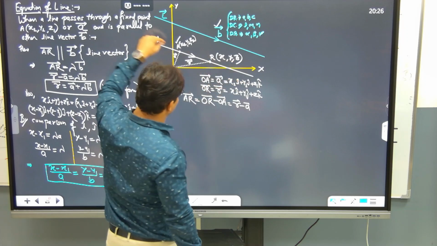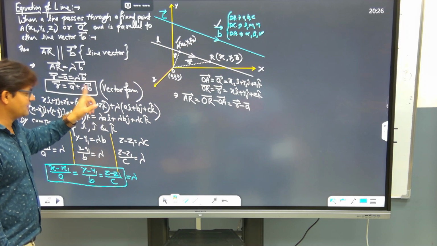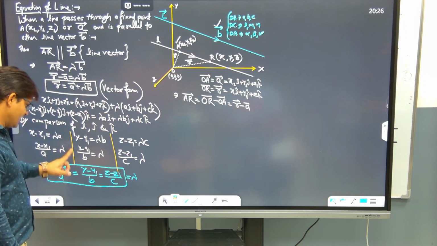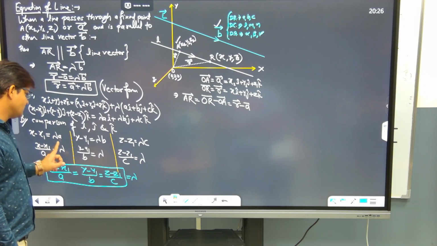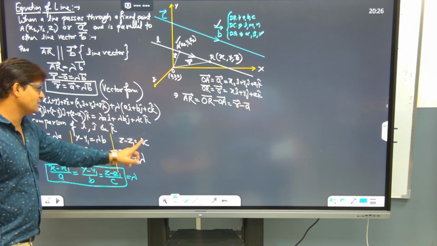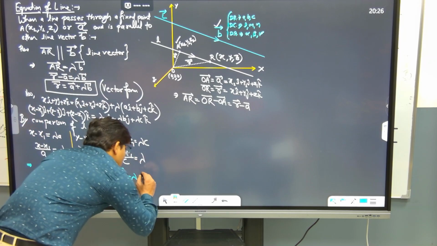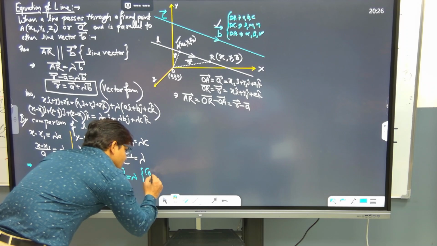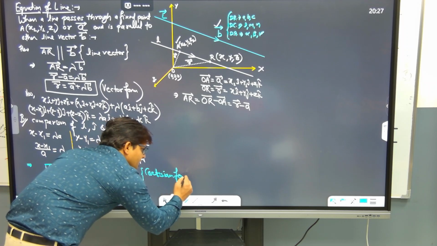So we can consider any point on this line by using a plus lambda b directly, or in the Cartesian coordinate geometry system we can write x equals x1 plus lambda a, y equals y1 plus lambda b, z equals z1 plus lambda c. This form is known as our Cartesian form of the line.